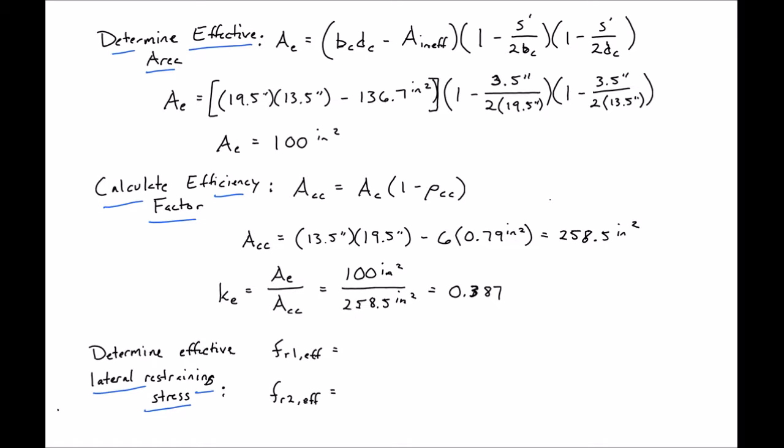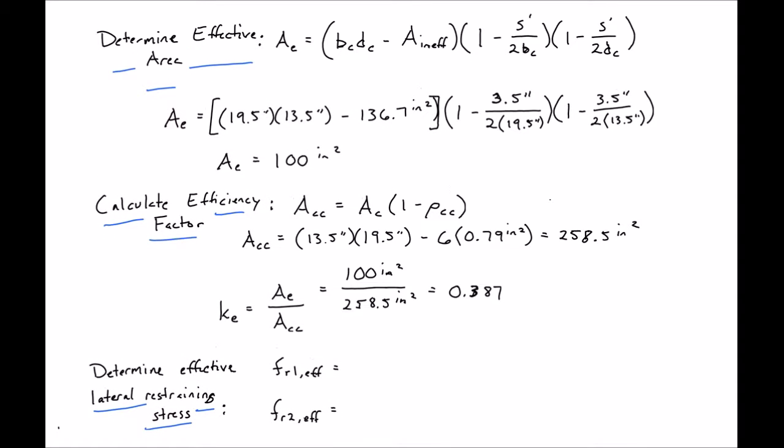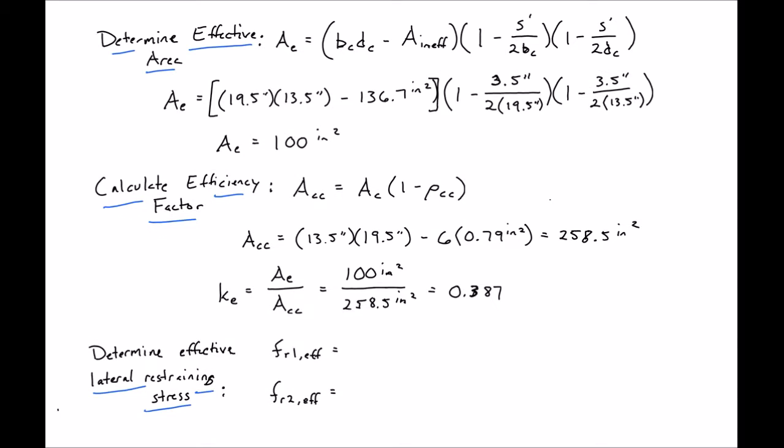So our effective lateral restraining stresses are just going to be our efficiency factor times the stresses that we found before. So in our case, our f_R1 is going to be 0.387 times our f_R1, which we found to be 0.44 ksi.